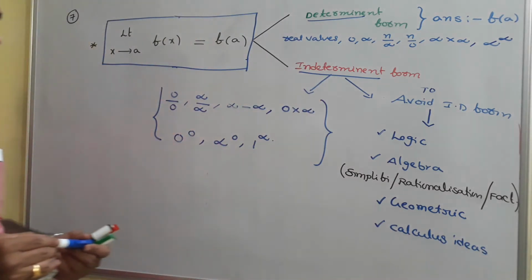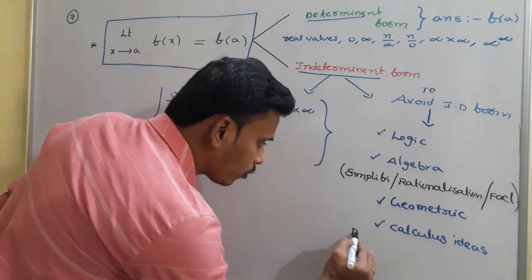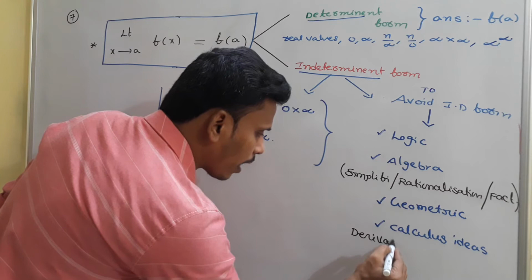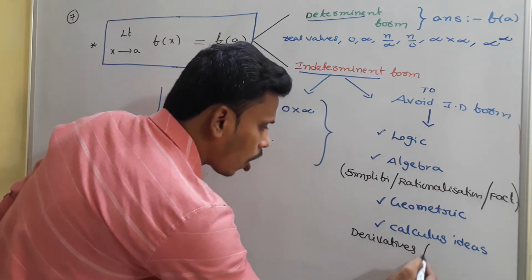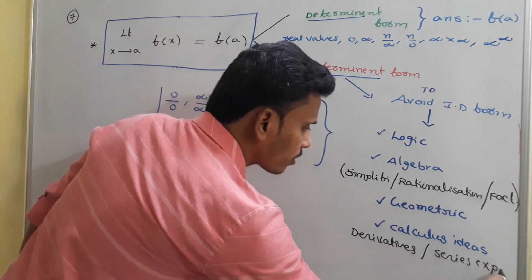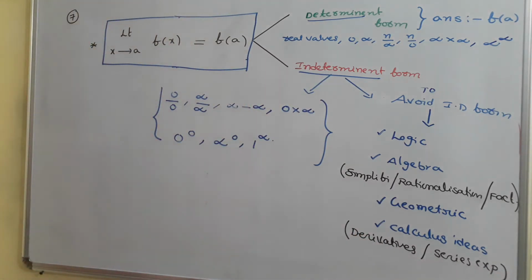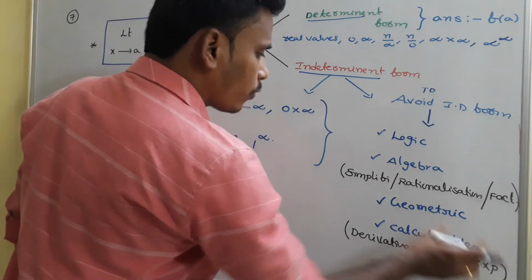Coming to calculus ideas, the helpful ideas are derivatives with the name L'Hospital rule, or series expansion with the name Taylor series. Okay, I am just mentioning the names of mathematicians who supported this derivative task and series expansion. Okay, L'Hospital as well as Taylor.